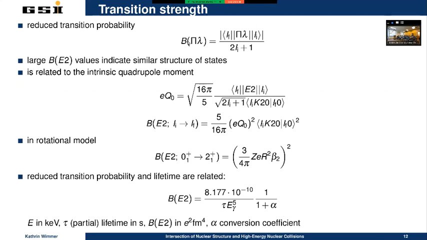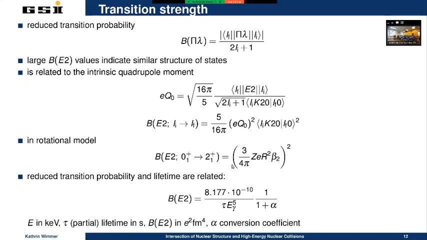So if we measure a large B value, this means we have a similar structure of the states, and these matrix elements here are related to intrinsic quadrupole moments. So the quadrupole moment can be accessed through a measurement of the B(E2) value through these formulas.